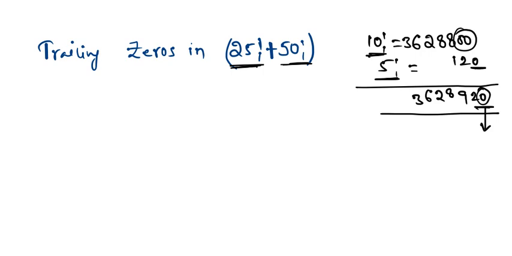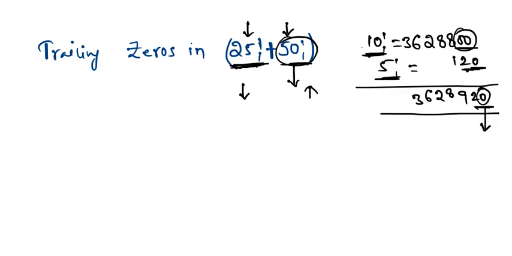In the sense, to find the zeros for 25 factorial plus 50 factorial, no need to check 50 factorial. We need to check only 25 factorial. Why? Because 50 factorial gives more zeros and 25 factorial gives fewer zeros. Just look here: 10 factorial has 2 zeros, 5 factorial has 1 zero.